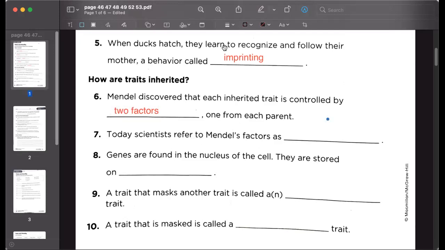Number 7: today scientists refer to Mendel's factor as... easiest one, this one, genes.